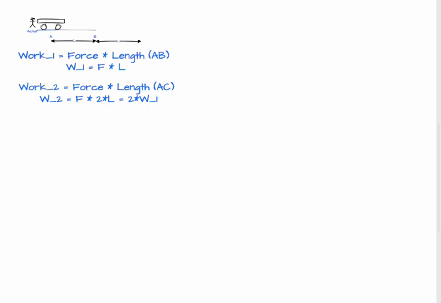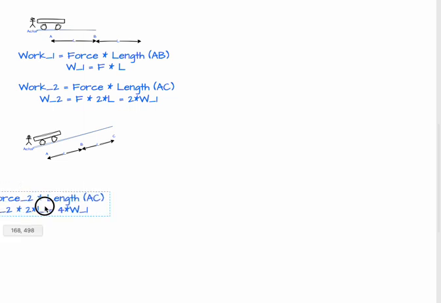Another example: if we have to push the trolley up some hill, we'll have to spend a little bit more force even if we want to push it the same distance.